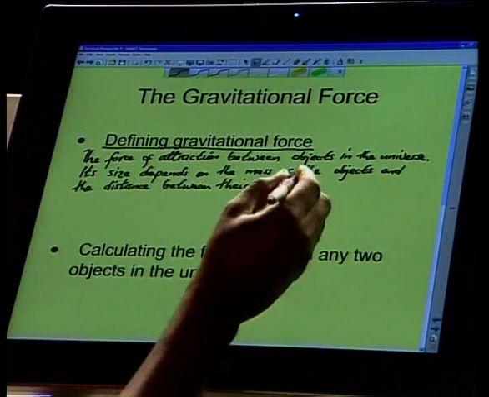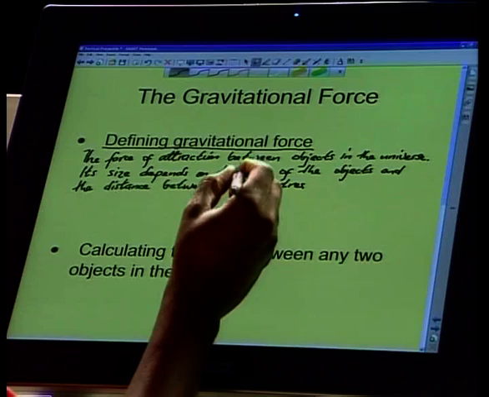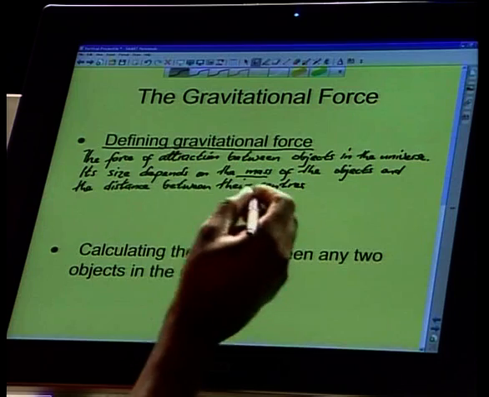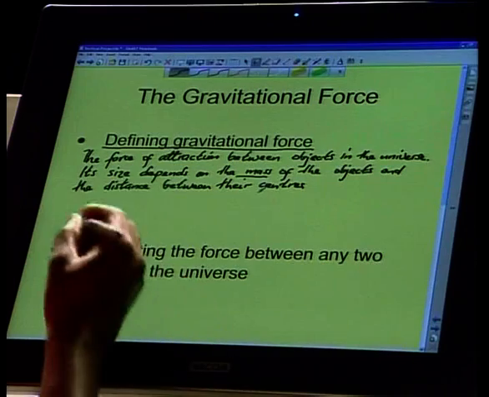Okay, now the other question will be to say, how does this force of gravity depend on the mass of the object, and how does it depend on the distance between their centers?